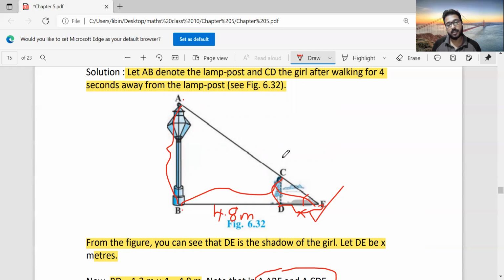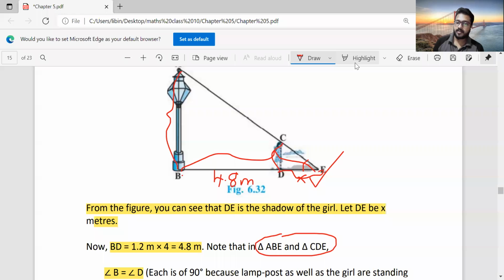You may be thinking, sir, why can't we take the sides AC and AE? No, we don't know the measurements AC and AE. We are using the known measurements to find unknown measurements. And what about the length BE? You know that BD is 4.8 meter and DE is X meter. So what will be BE?